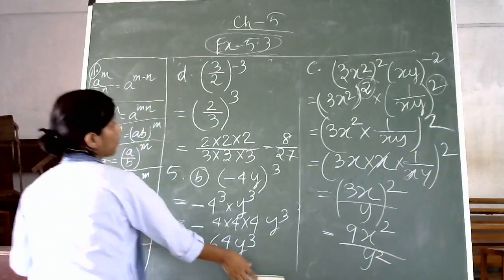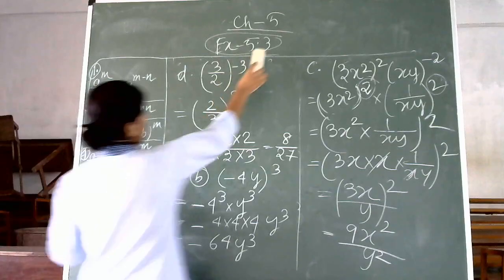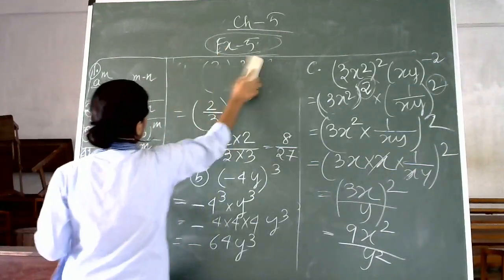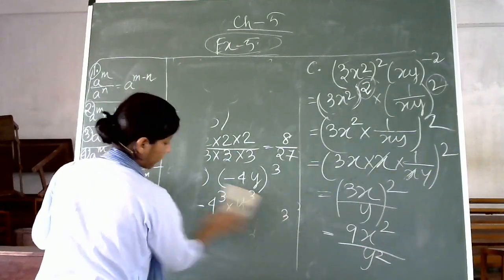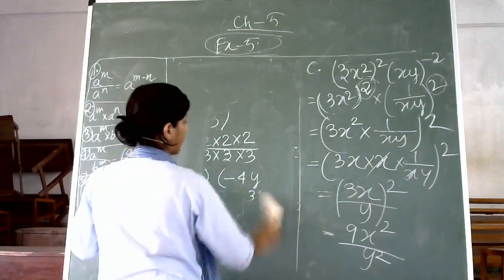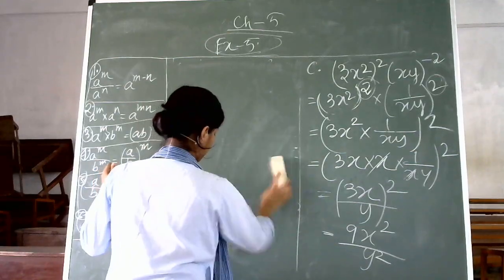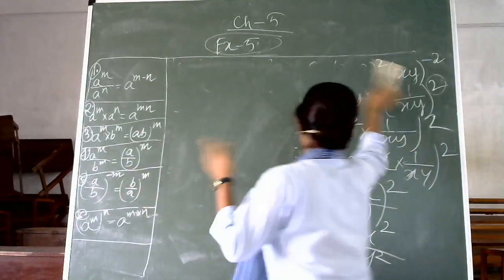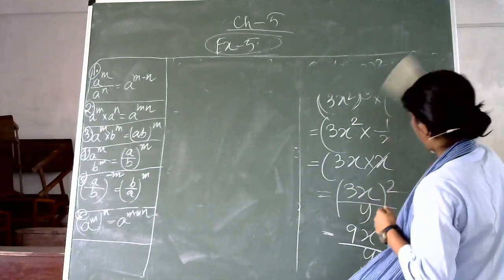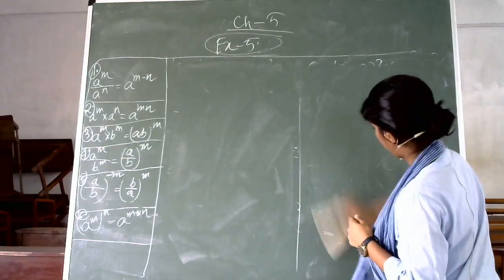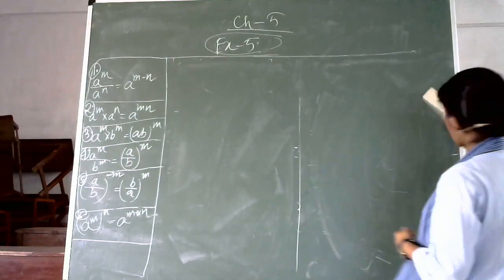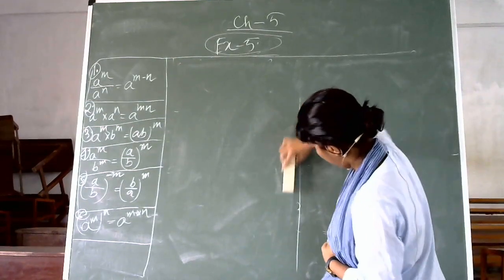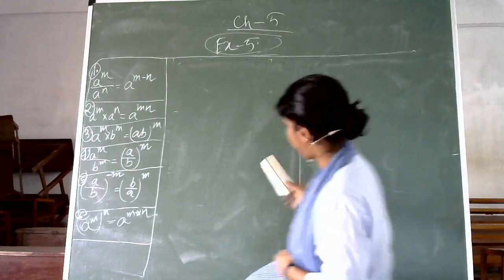So I'm skipping exercise 5.4 for now because it's a big exercise. I'll be doing it when I have that much time. Since I have short time, I'll be doing the next exercise, that is 5.5. I'll be completing this one, and in my next class I'll be doing that left out one, exercise 5.4.